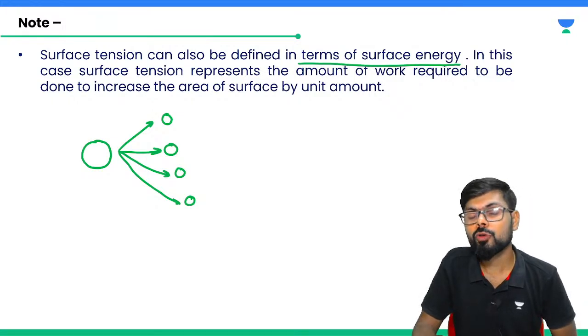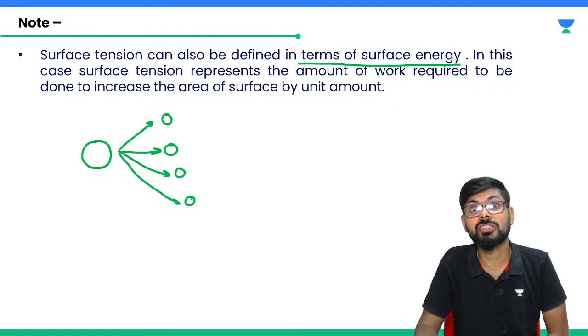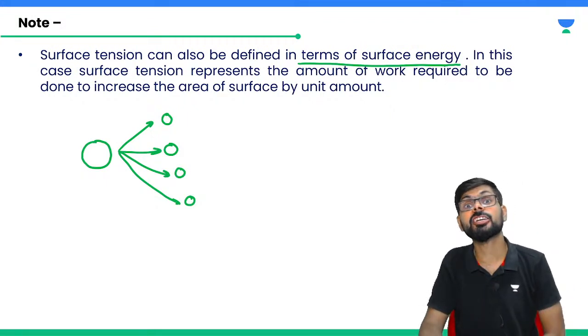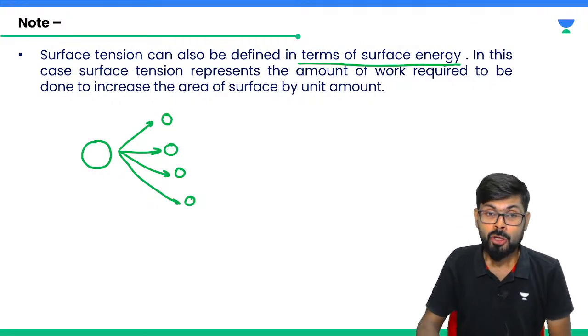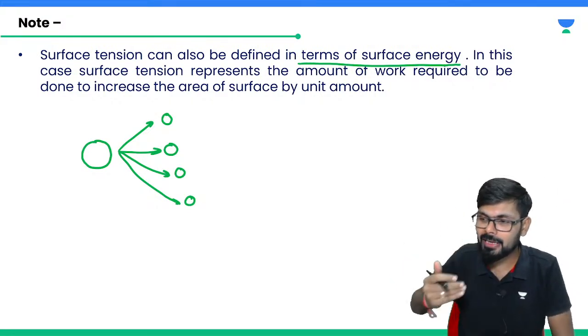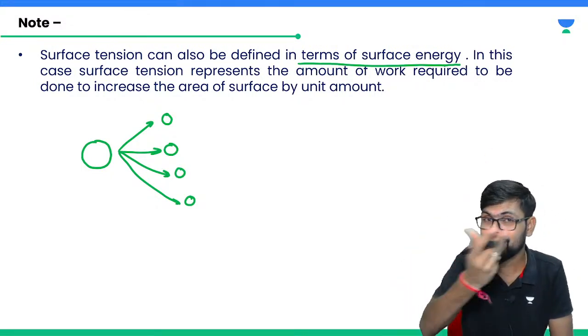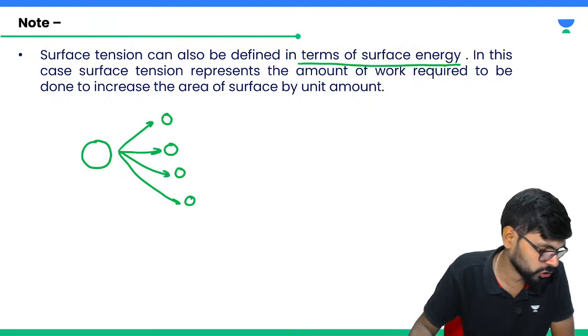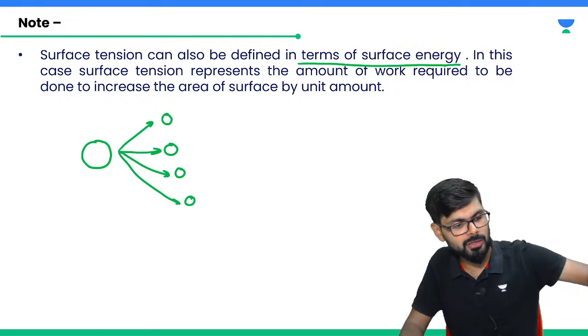Now, according to the law of conservation of energy, energy is neither created nor destroyed. Only one form of energy is converted into another form. Whatever work you did, where has that work gone? That is my question. You understand the question?